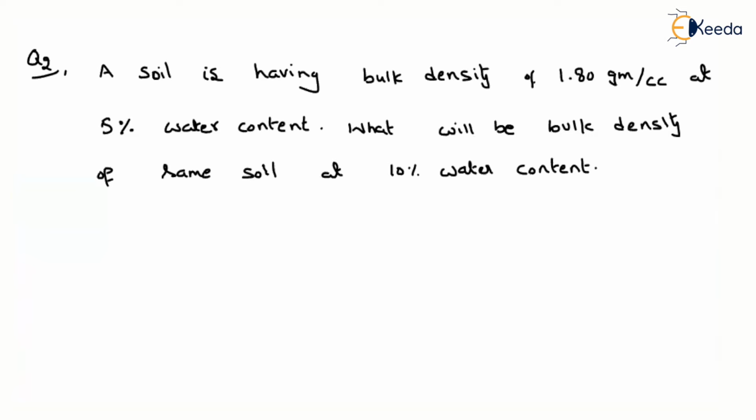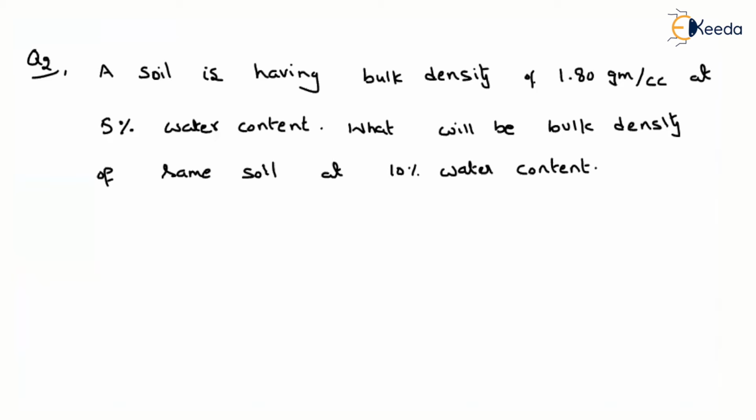What is given? A soil has a bulk density of 1.8 gram per cc at 5% water content. What will be the bulk density of the same soil at 10% water content?